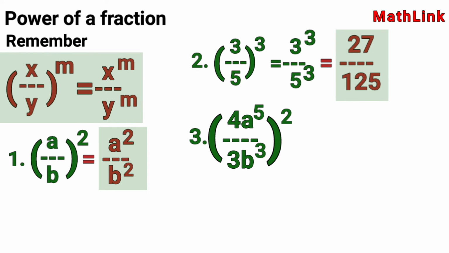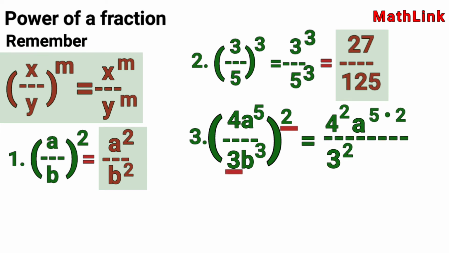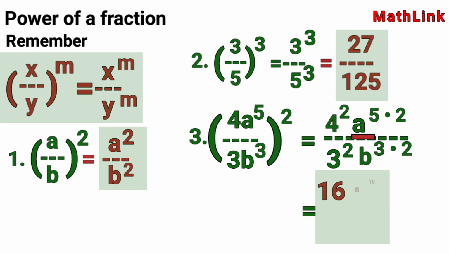First we distribute the exponent outside the parenthesis, which is 2, to each factor in the numerator and in the denominator, is equal to 4 raised to 2, a raised to 5 times 2, over 3 raised to 2, b raised to 3 times 2. 4 raised to 2 is equal to 16, a raised to 5 times 2 is equal to 10, 3 raised to 2 is equal to 9, b raised to 3 times 2 is equal to 6. The final answer is 16a raised to 10, over 9b raised to 6.